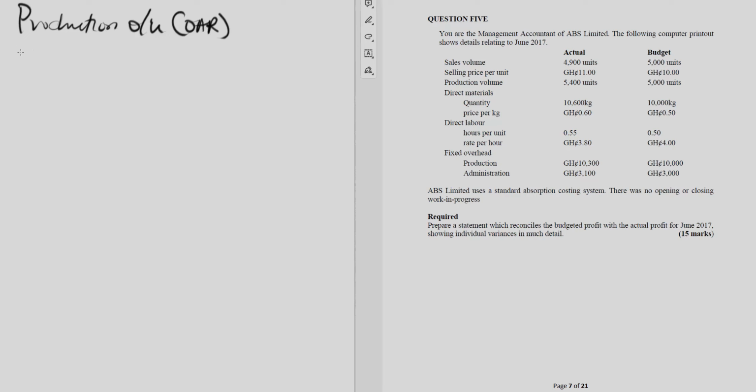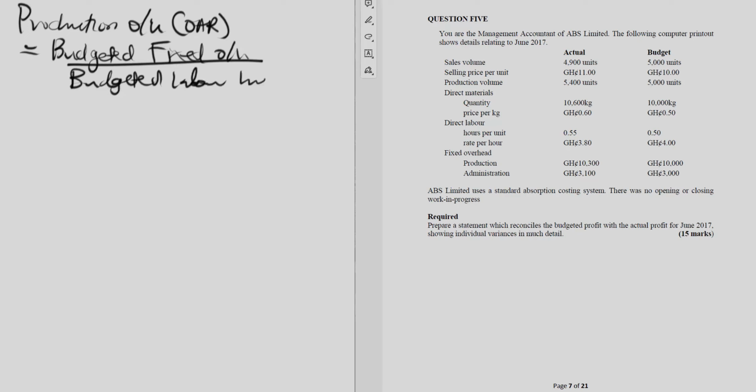And OAR means that we need our budgeted fixed overheads over our budgeted labor hours, right? So first of all, what we need is our budgeted labor hours. Now note that the production overheads OAR that you get is the same as what we call the standard rates. So be prepared to deal with this.